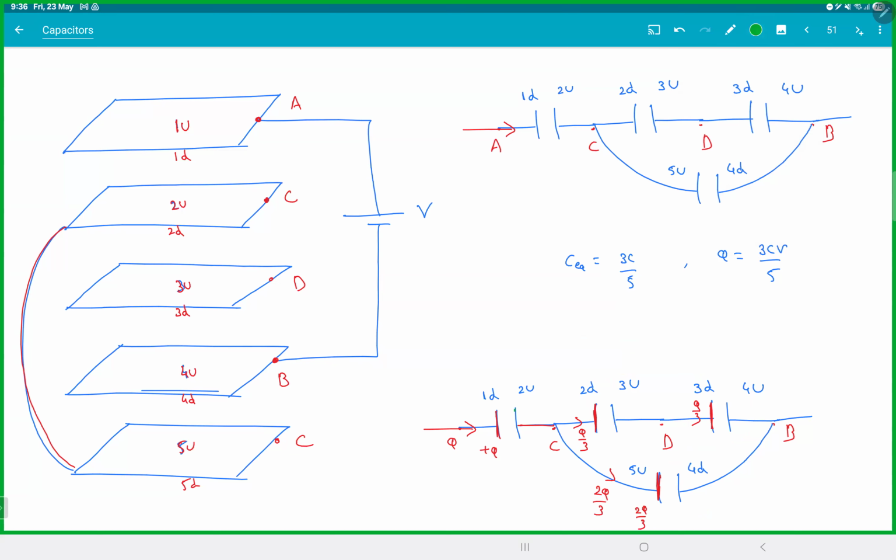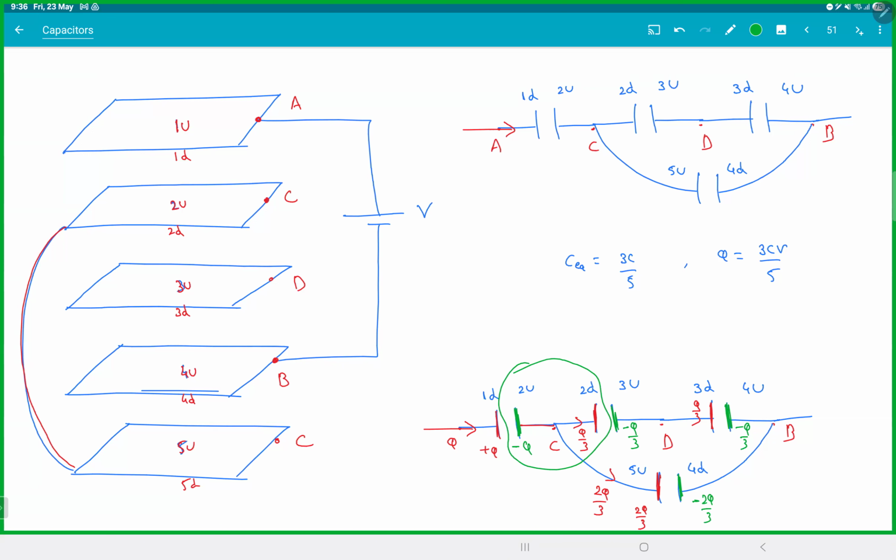The opposite plates will have negative charge. So this is minus Q. This is minus Q by 3. This is minus Q by 3. And this is minus 2Q by 3. So if someone asks you to find the charge on the second plate, what should you do? You should add 2U plus 2 down, no? That will be minus 2Q by 3.